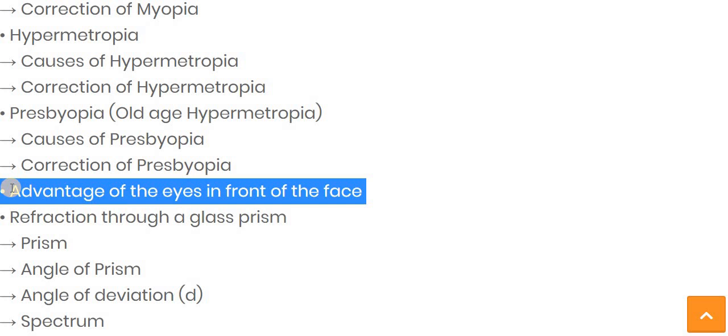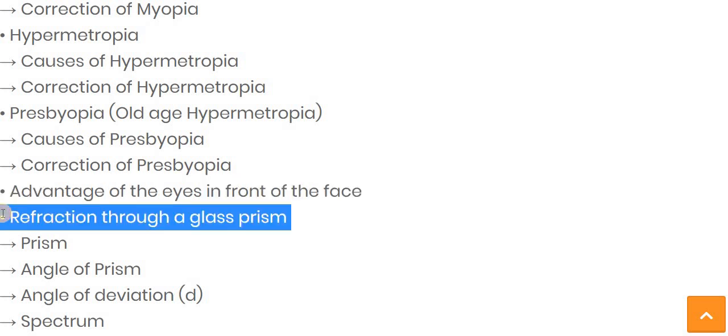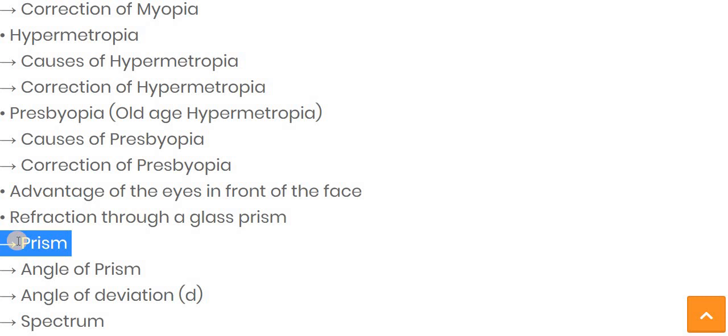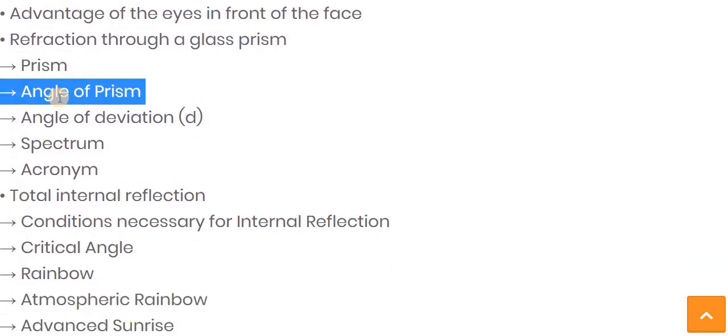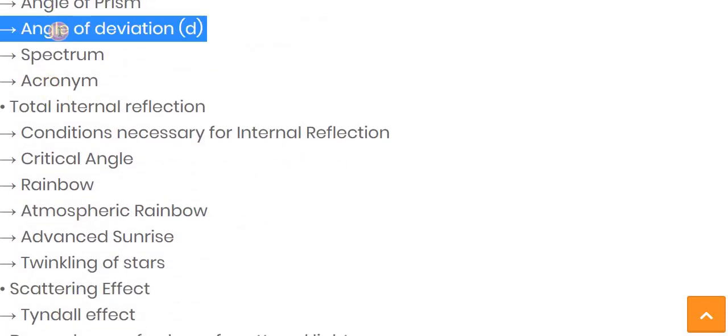advantages of the eyes in front of the face, then refraction through a glass prism. Then we discuss the prism and the different angles which arise in a prism, in that the angle of deviation.